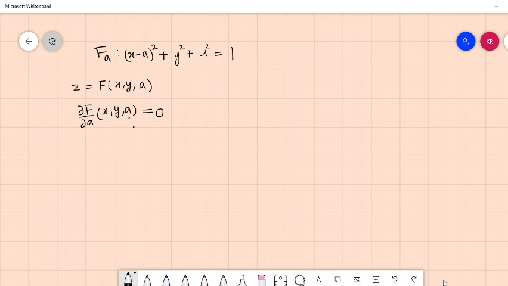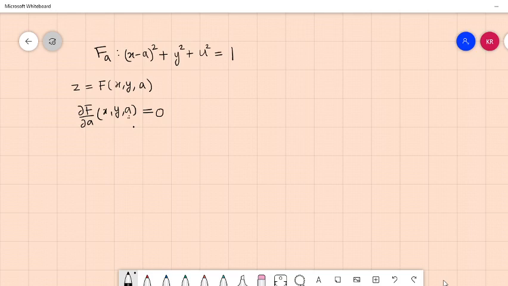Here u usually represents the z axis. So it is just like (x minus a) whole square plus y square plus z square equal to 1. And we have to find the envelope of this. This is a one parameter family because here a is a parameter.